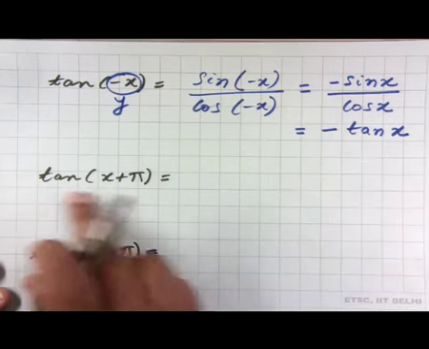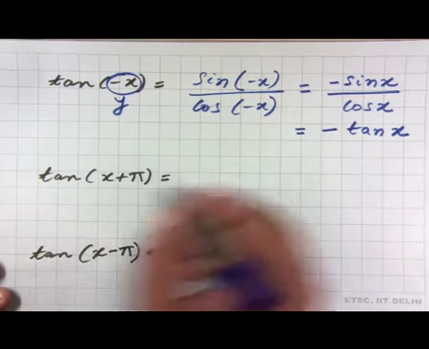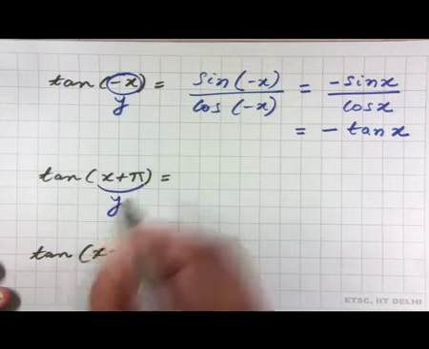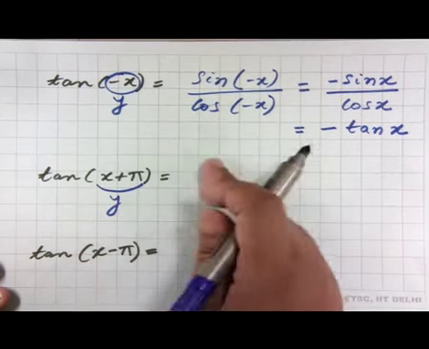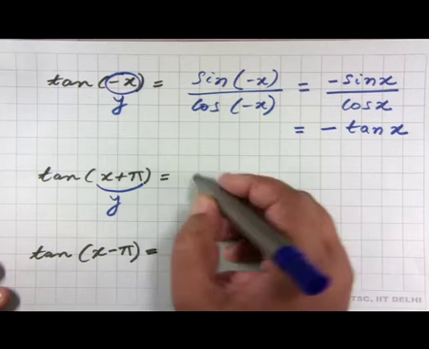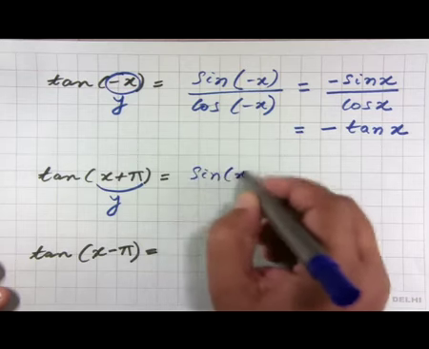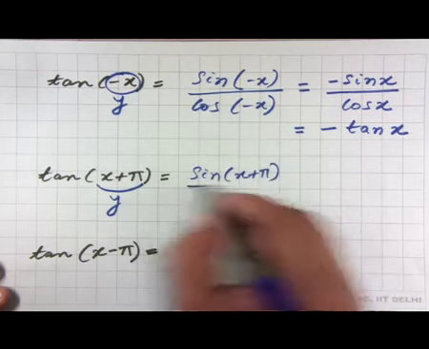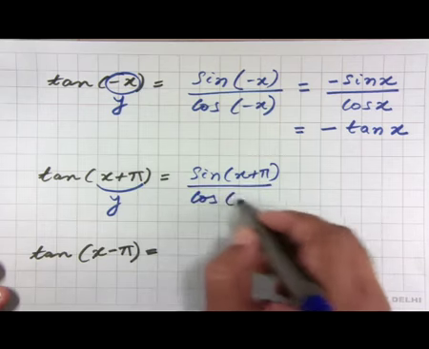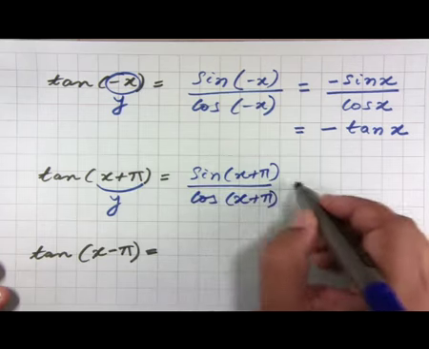We can find tan of x plus pi, again taking this as y, tan of y is sine y by cos y. So, it is sine of x plus pi by cos of x plus pi.